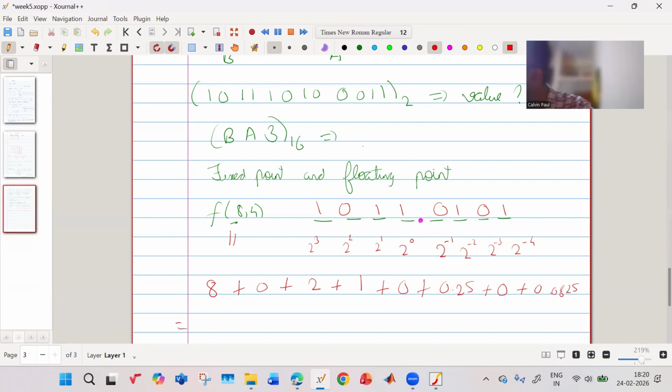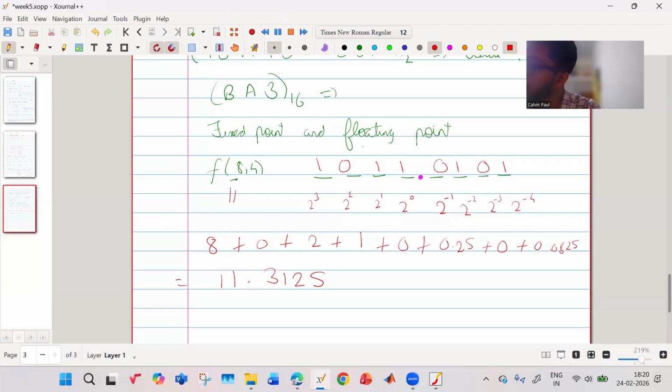So the number you get is 11.3125. To represent 11.3125, we use this kind of data type, which is a fixed point data type.